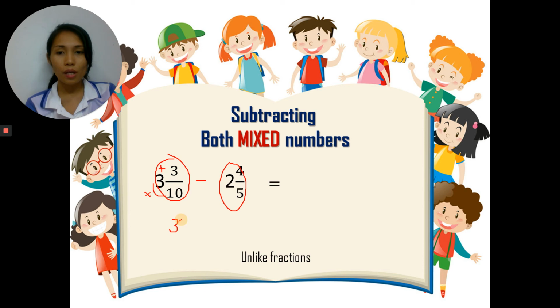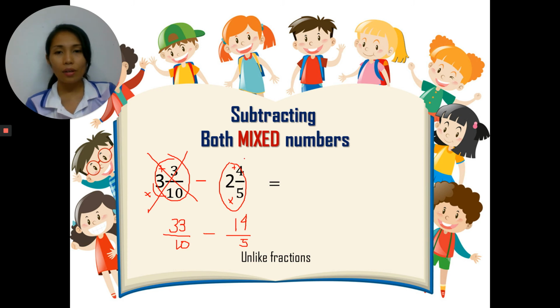So 33 tenths. Okay. Now 5 times 2 is 10. 10 plus 4 is 14. Denominator is 5.